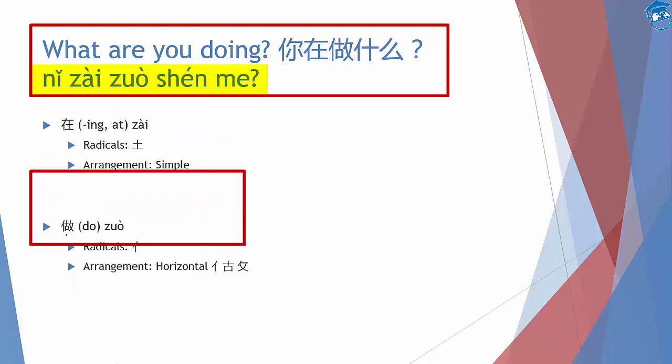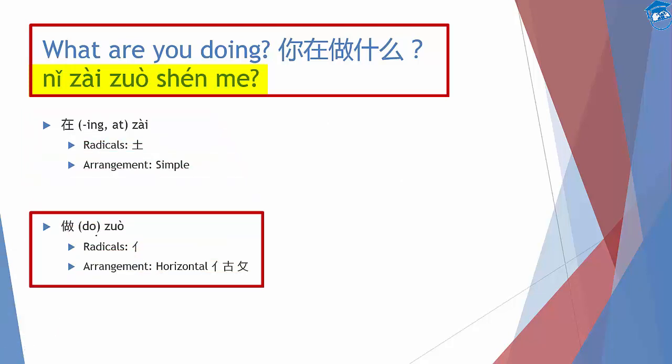The next one is 做, do. This is the pinyin. The radical is what's on the leftmost. The arrangement is horizontal with 3 components here.